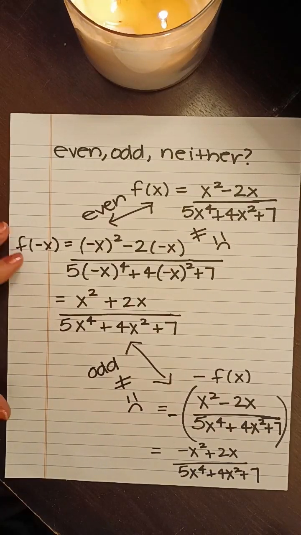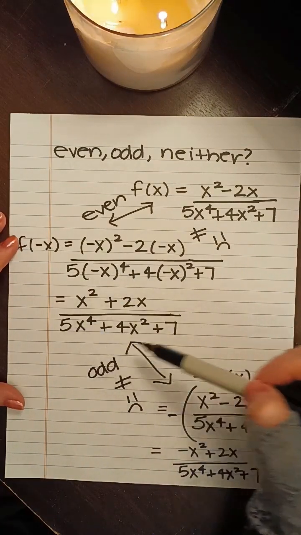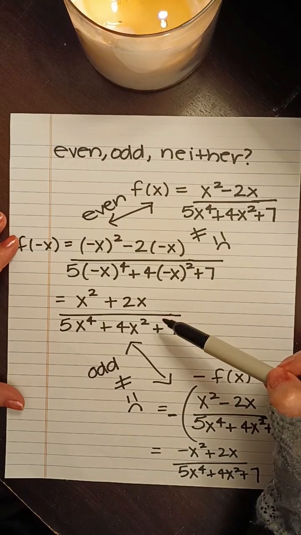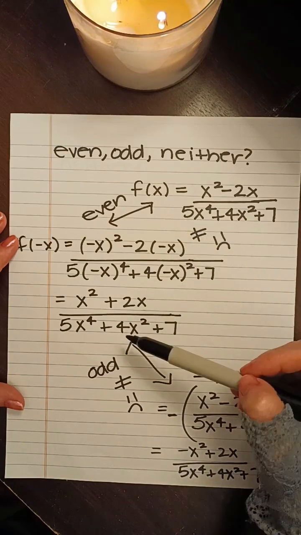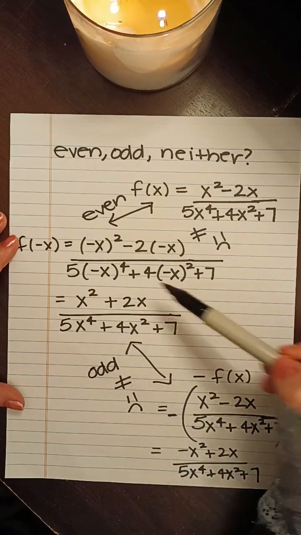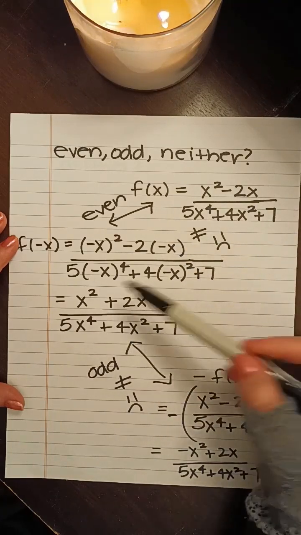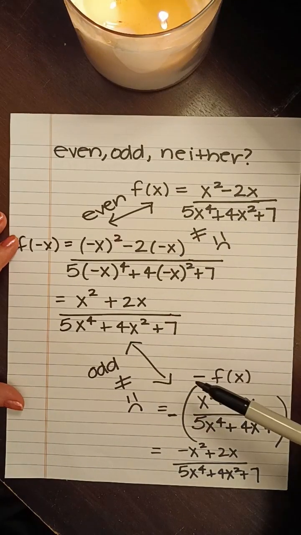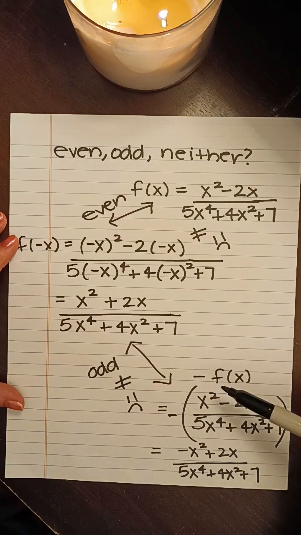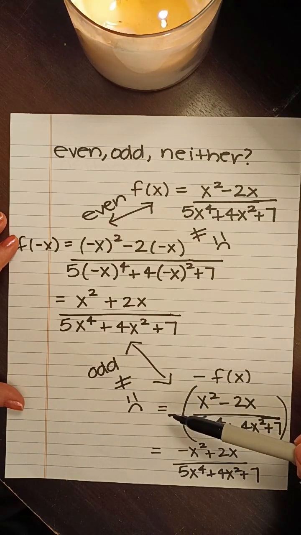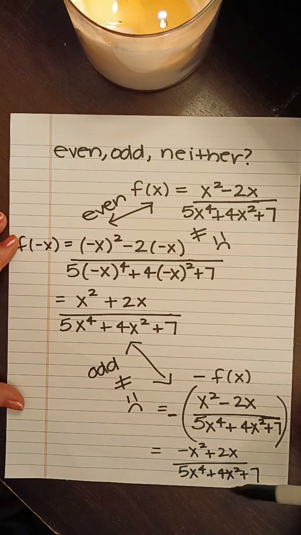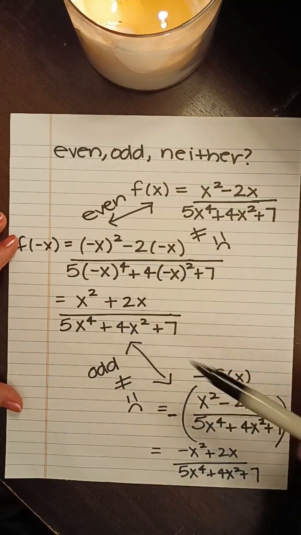So it's neither. So again, the result from f of negative x, replacing all the x's in f with a negative sign, didn't result in f of x, right? These aren't the same. And then the negation of f of x, so taking f of x and taking the negative of it, this result was not the same as this.